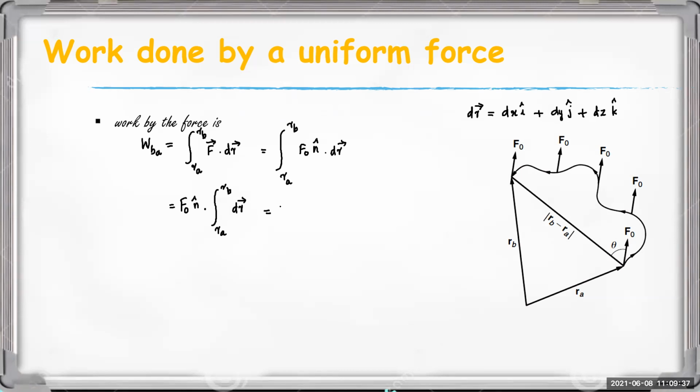Then I substitute that quantity here: F0 n cap dot the integral from RA to RB, and in the place of dr, I write dx i cap plus dy j cap plus dz k cap.